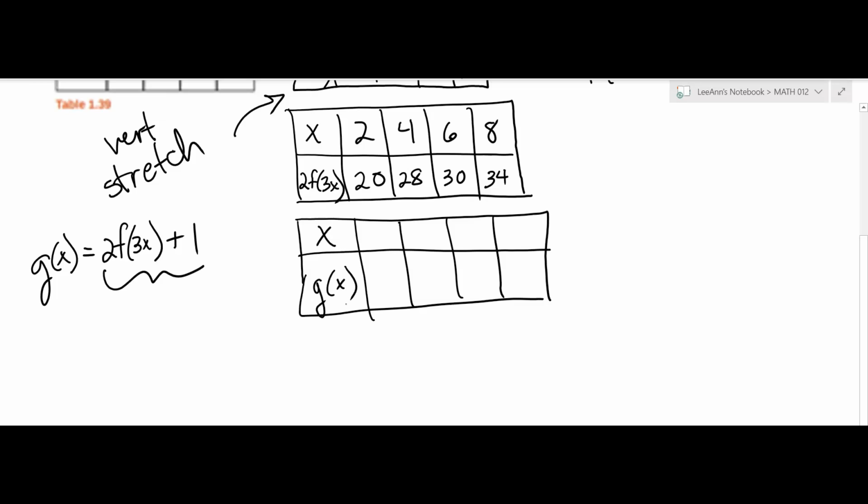I'm just going to add 1. They're all going to shift up 1. And so I'm adding 1 to each of the outputs from the previous chart. Inputs stay the same, 2, 4, 6, 8. But the outputs are going to increase by 1.